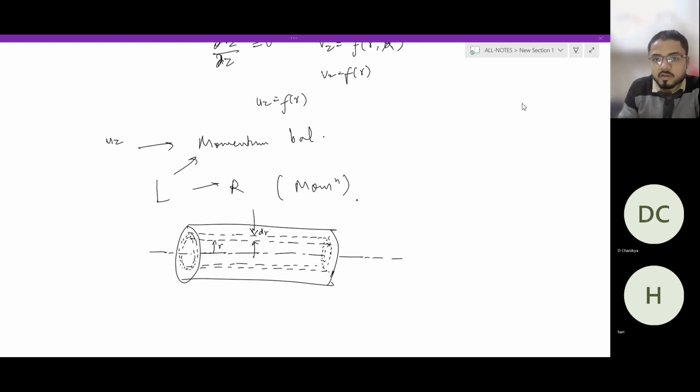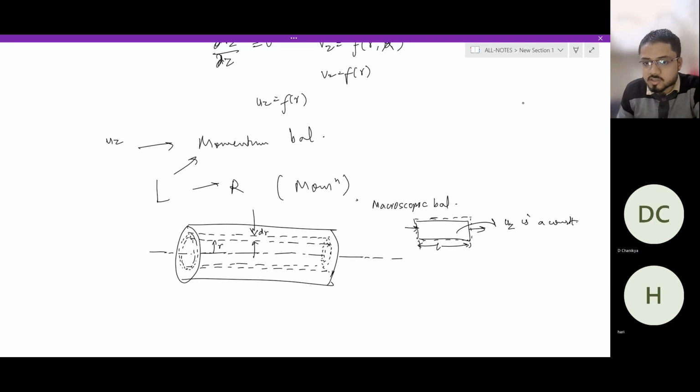Now, there's one interesting thing: you could also have used a macroscopic balance, where you take the entire pipe like this and perform the momentum transfer over the entire control volume. However, the problem here is that you do not know if uz is a constant, right?